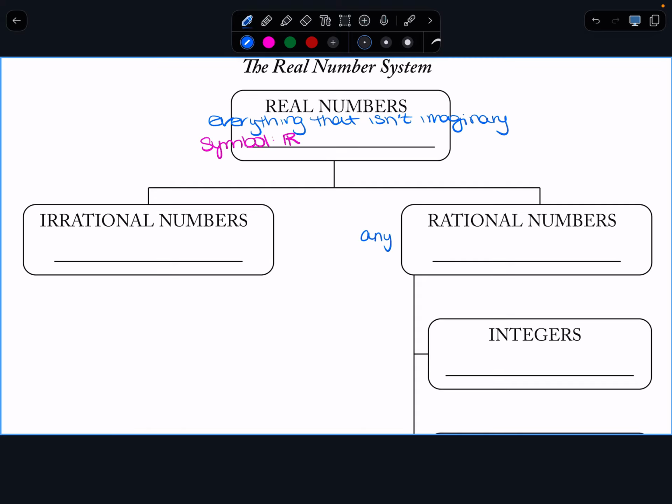It has a symbol also. Its symbol is a Q with a weird line through it.